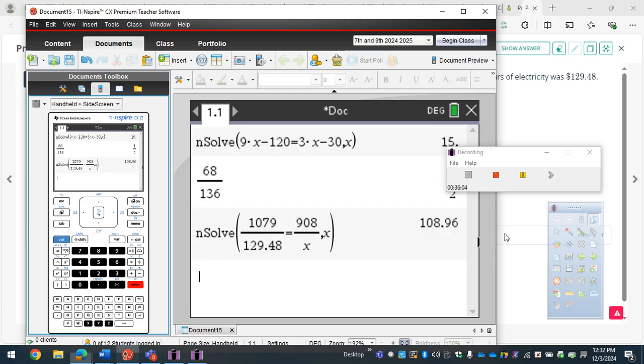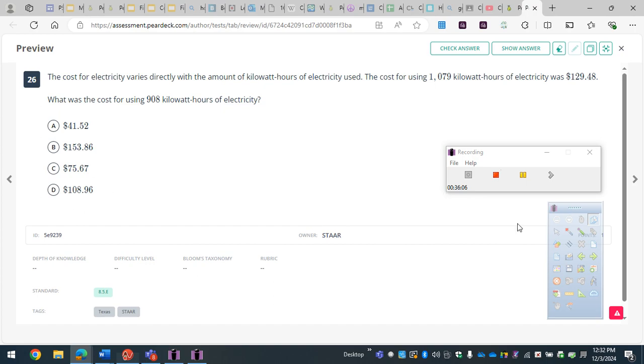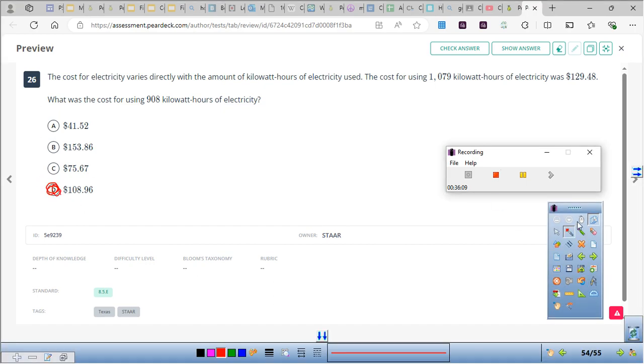Okay, so 108.96, and there she is. Pretty easy, not too bad actually.